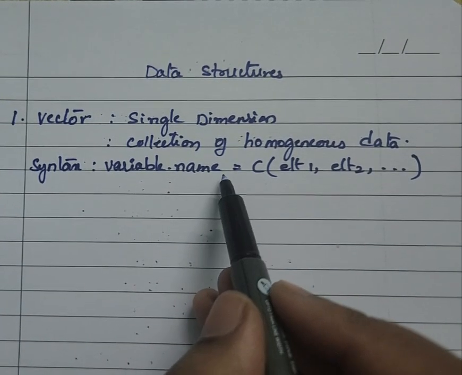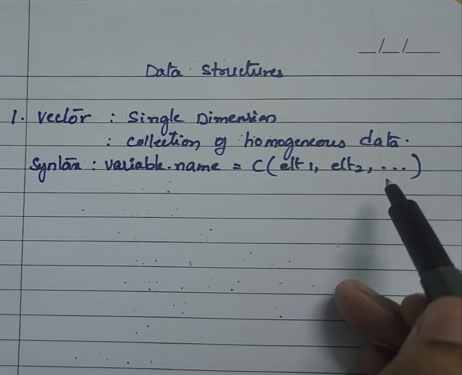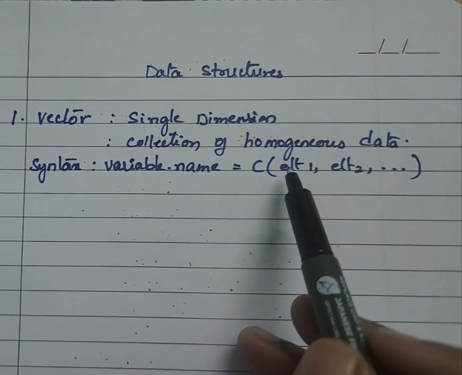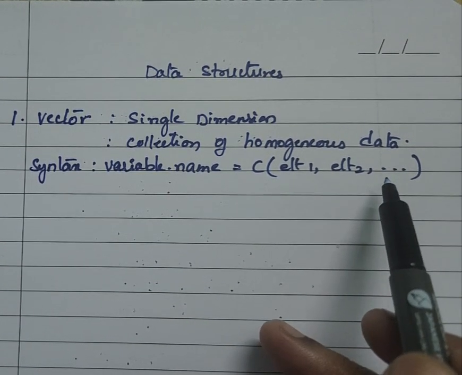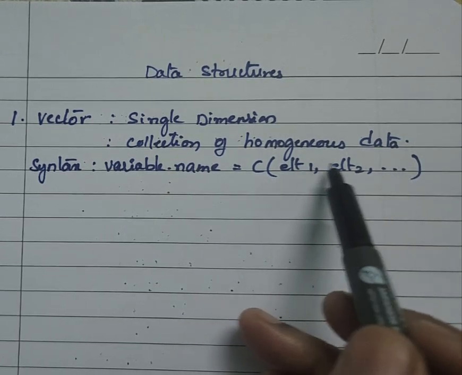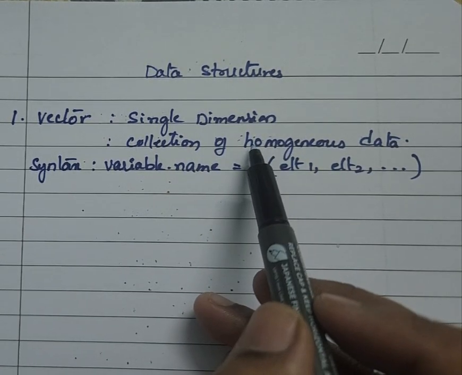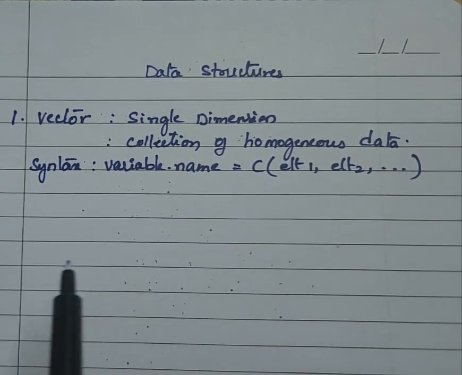This is called parenthesis in any programming language. Here the element 1, element 2 and element 3 should be of the same type. That is why we are calling this homogeneous data. So this is the syntax.